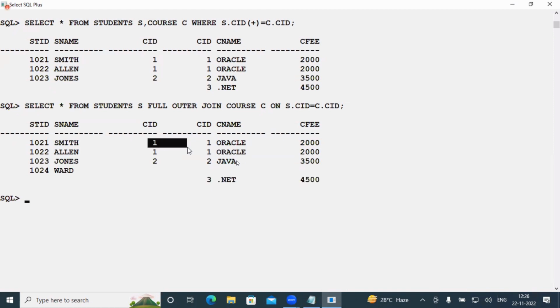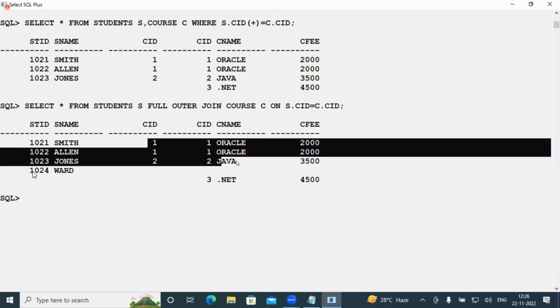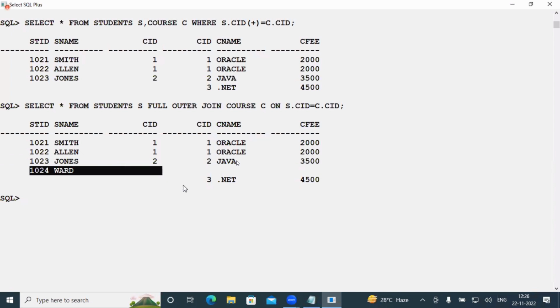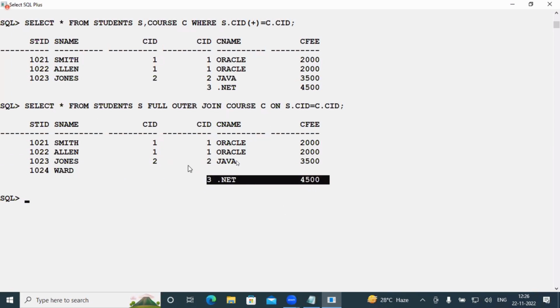So matching data, unmatching data from the left side table, and unmatching data from the right side table. So the complete tables will come to you. Now both kinds of data we are retrieving or not?